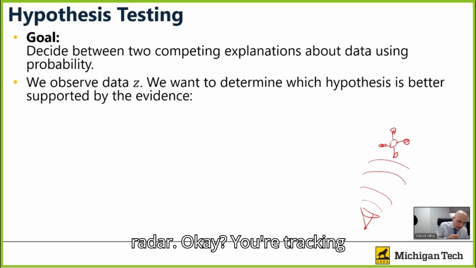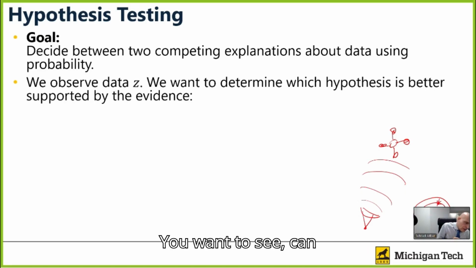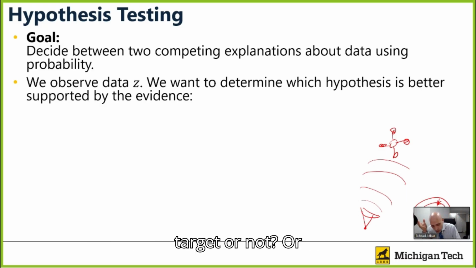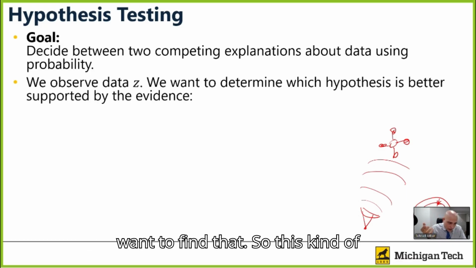And in your radar screen, you get one measurement. You want to see, can you assign this measurement to the target or not? Or maybe this measurement is an outlier. You want to find that.